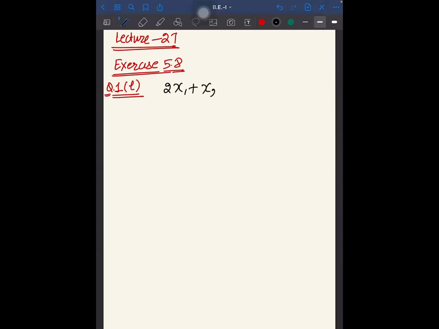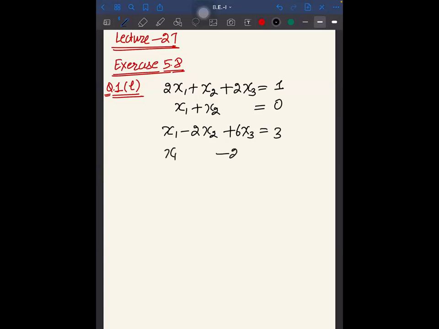2x1 plus x2 plus 2x3 is equal to 1. x1 plus x2 is equal to 0. x1 minus 2x2 plus 6x3 is equal to 3. x1 minus 2x3 is equal to 1. x1 minus x2 plus 4x3 is equal to 2, right?